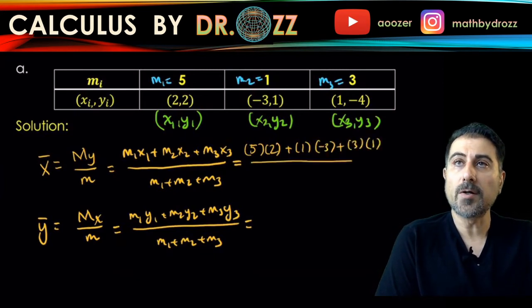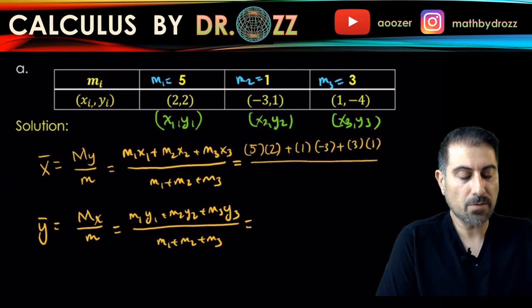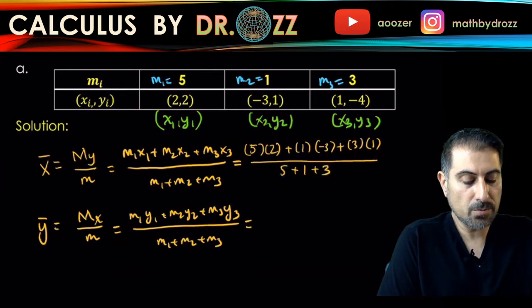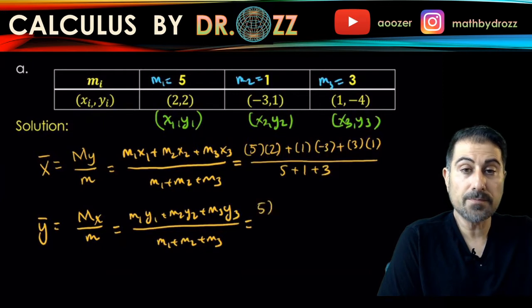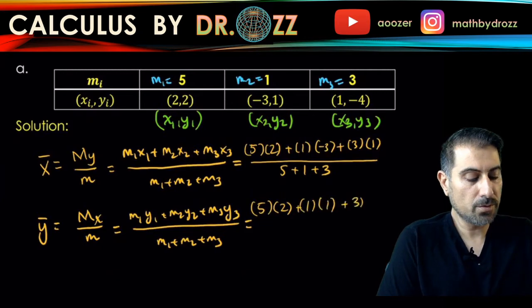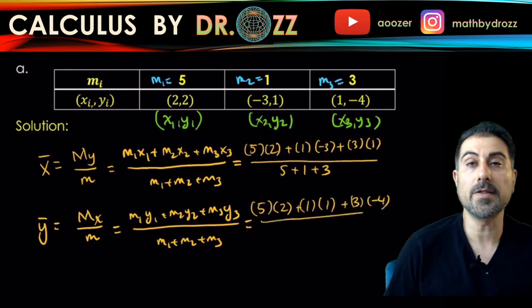So what is the sum of the masses? 5 plus 1 plus 3. And also let's look at m1 y1. So 5 times 2 plus m2 y2. Right, m2 is 1, y2 is 1. And m3 times y3, that's negative 4. 3 times negative 4 divided by 5 plus 1 plus 3.